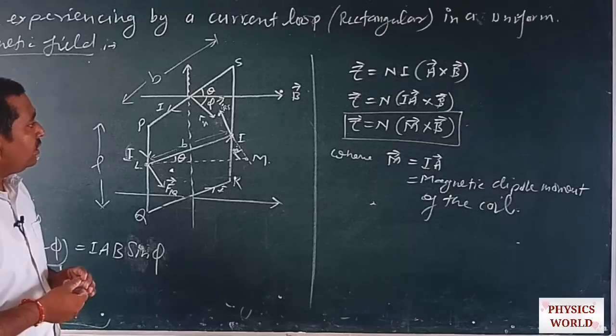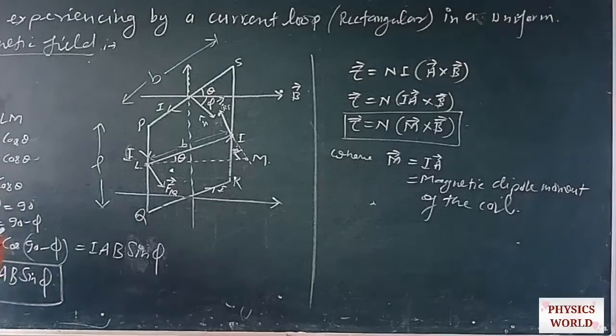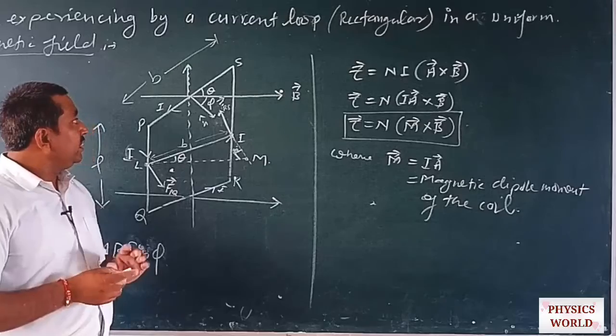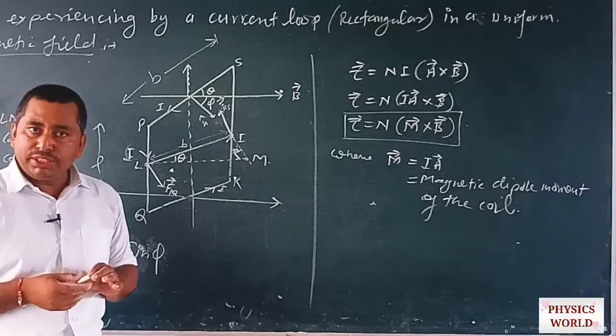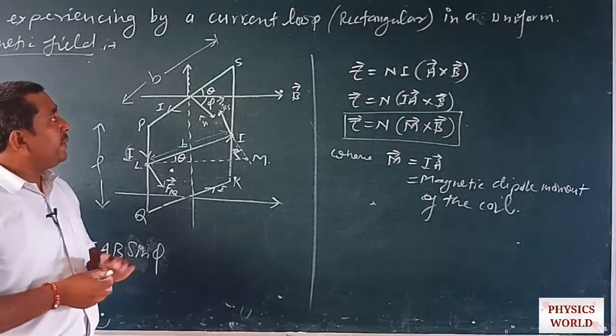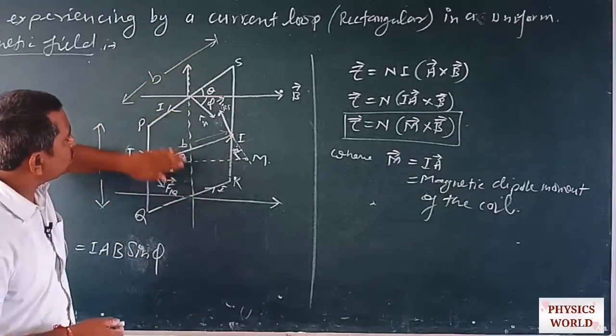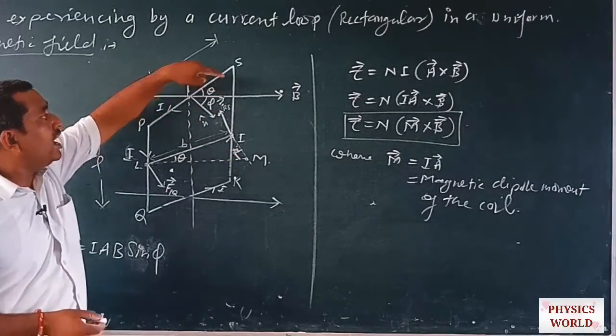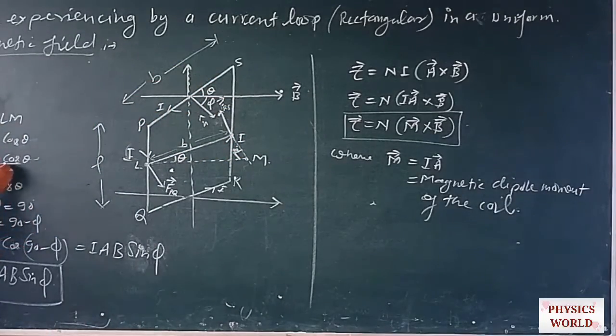Now if we are talking about the angle theta and phi, it should be taken very carefully, and also the sine and cos. When we take the angle made by the plane of the coil with the direction of the magnetic field, we are talking about theta, and it should be taken in the form of cos.